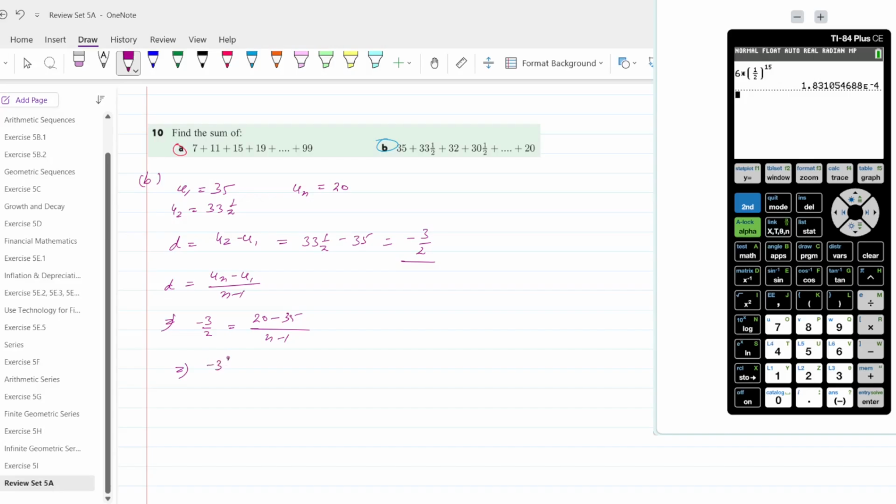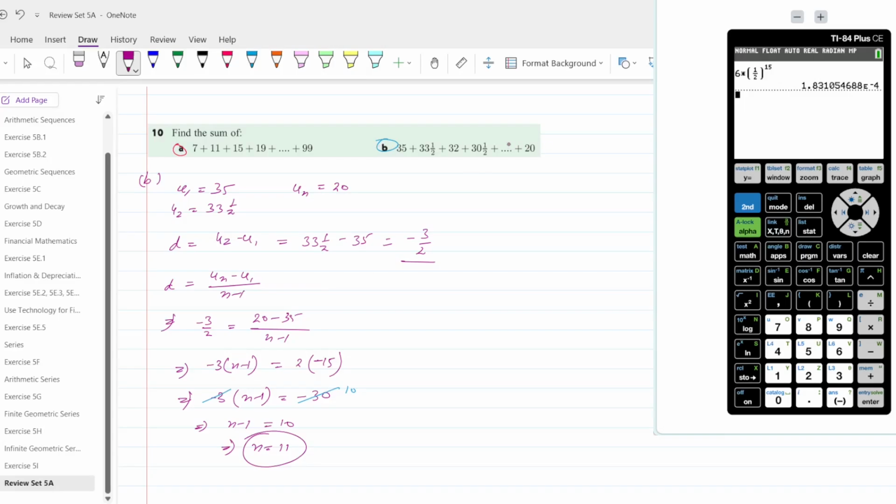So negative 3 times n minus 1 equals 2 times 20 minus 35, which is negative 15. So negative 3 times n minus 1 equals negative 30. This negative 3 cancels negative 30 10 times. So n minus 1 equals 10 and n equals 11.